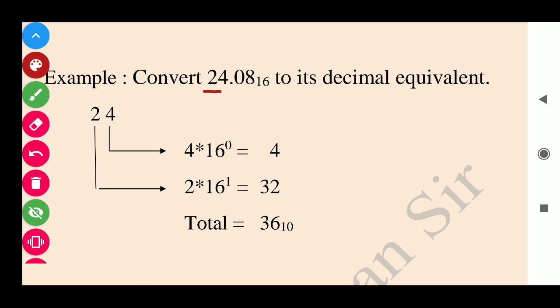So 24: write 4 here, into 16 raised to the power 0, which is 1, so the answer is 4. Then 2 into 16 raised to the power 1, so 16 into 2 is 32. So your total is 36. So the answer is 36.